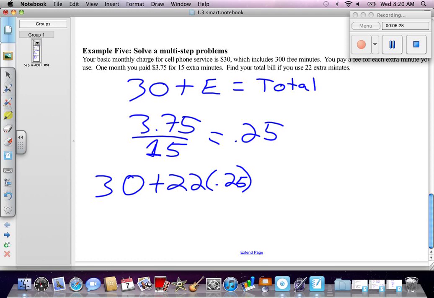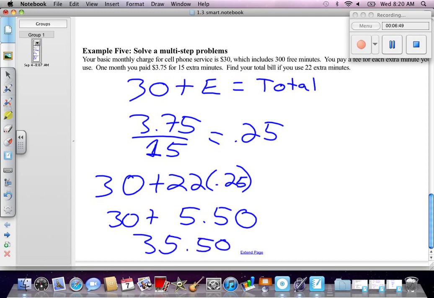How much? 22 times 0.25 is $5.50. Then we add that to 30, so our total bill that month would be $35.50.